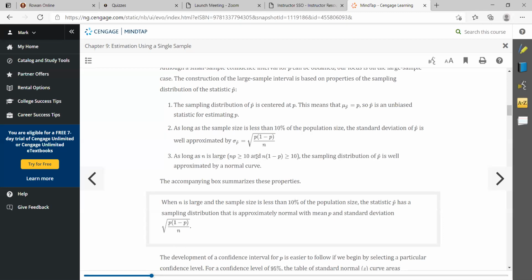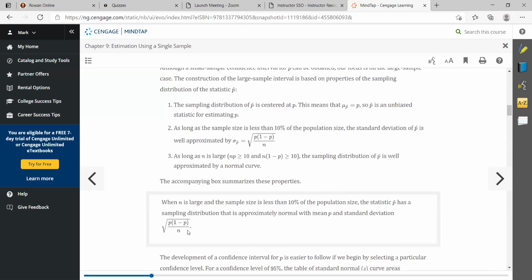But it must be these calculations. You cannot just say n is 30, it's normal. Not in this case. I know some of you will still think it's 30, but you need to write this down. This is the formula for the sampling distribution of proportions. You must use this.